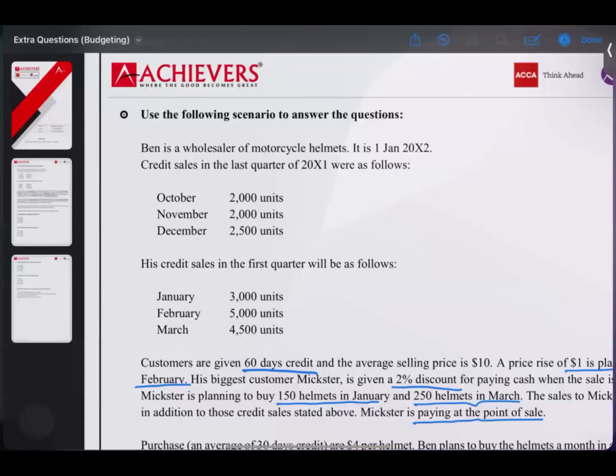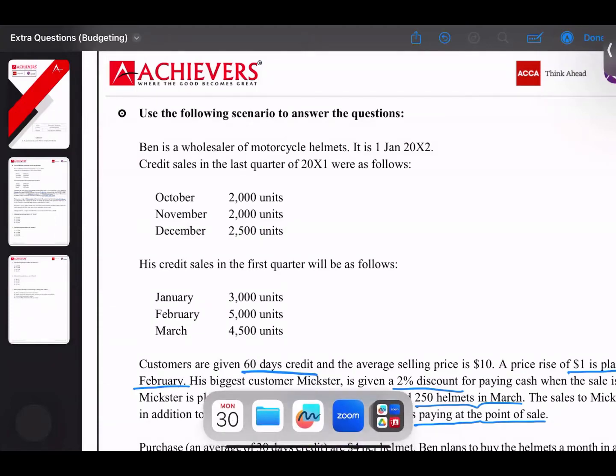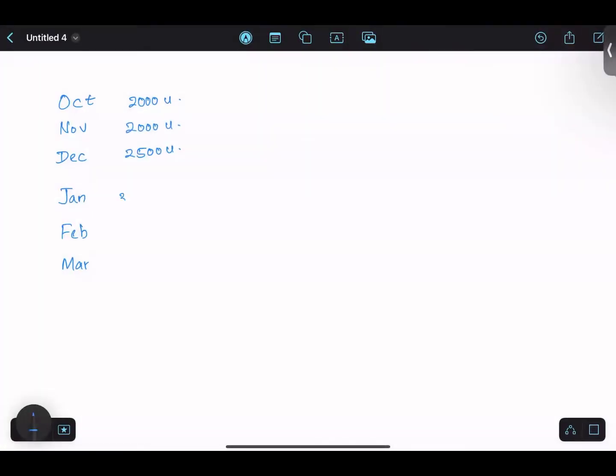And next year, January 3000 units, February 5000 units, March 4500 units.